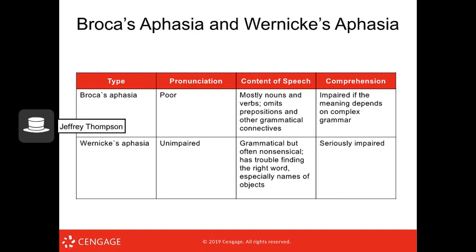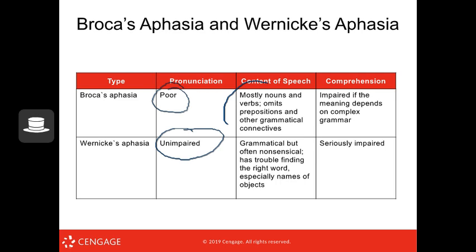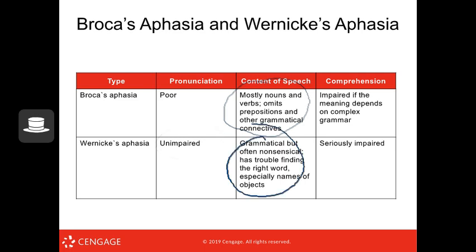So let's compare and contrast. Broca's aphasia, poor pronunciation of words. Wernicke's aphasia, unimpaired. Broca's aphasia, you're going to see mostly nouns and verbs. You don't have any of those words that help you make a sentence sound smooth and normal. But with Wernicke's aphasia, you're going to have a grammatically correct sentence, but sometimes nonsensical because the proper words might not necessarily be there.